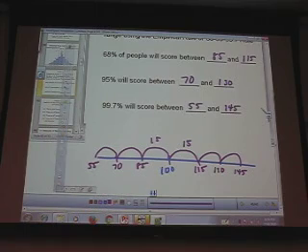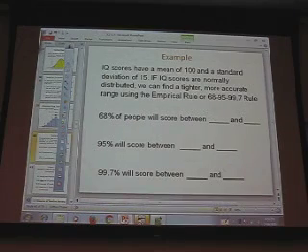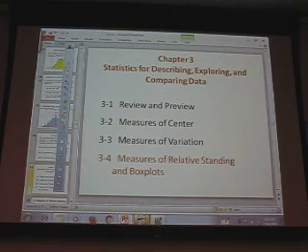Good? All right. Now, put these away. Get out the handout that we started today, that you just got today. We're going to start this now.